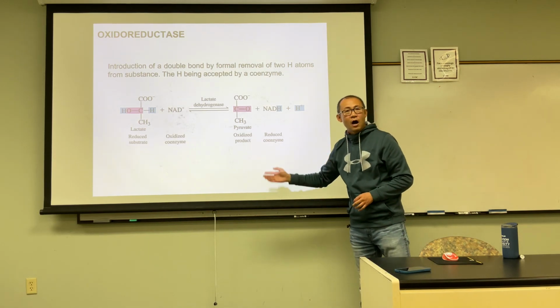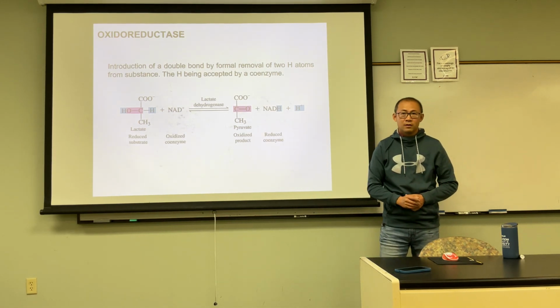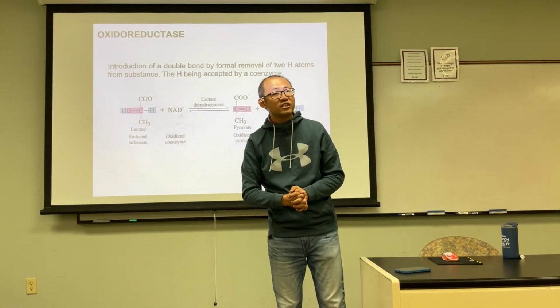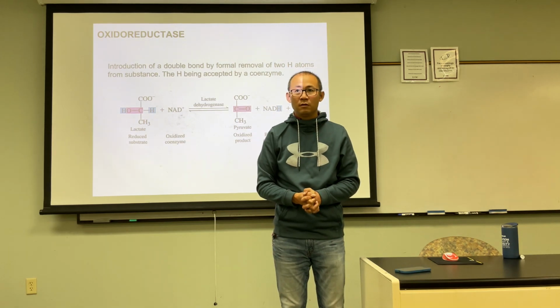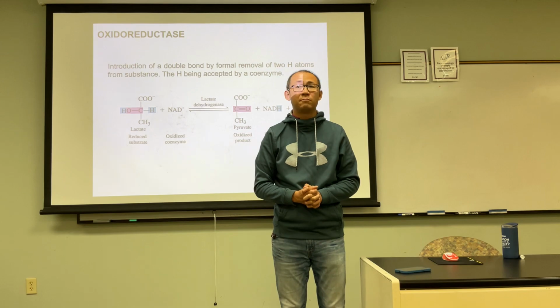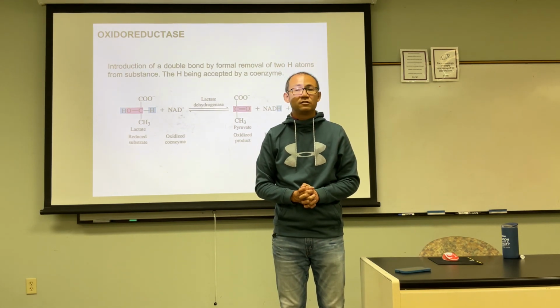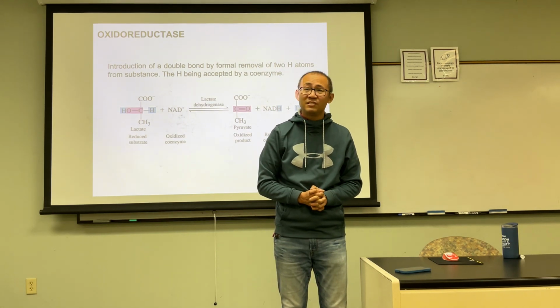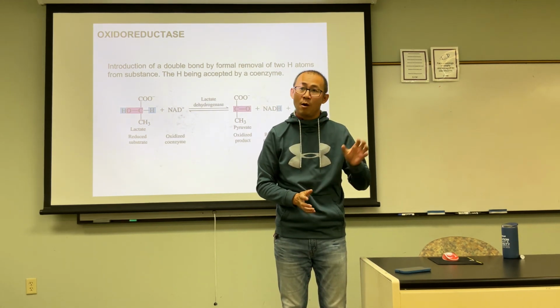The first type, oxidoreductase. Based on the name, you know this enzyme does what? Oxidation and reduction reactions. In chemistry, no matter in biochemistry or just general chemistry, as long as it's in the scope of chemistry, reduction and oxidation happen at the same time. There's no way you can have one process without another.